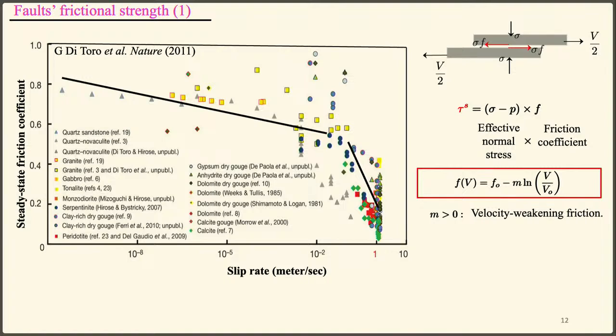There is another form of weakening which happens around seismic speeds, a further weakening, but we are not going into that detail. Let's take a low sliding rate formulation, which is called velocity weakening. Your strength depends on maybe the pore pressure, or you can just ignore it for a while, and the effective normal stress, then the friction coefficient, and the friction coefficient indeed has a sliding rate dependence, so it decreases.